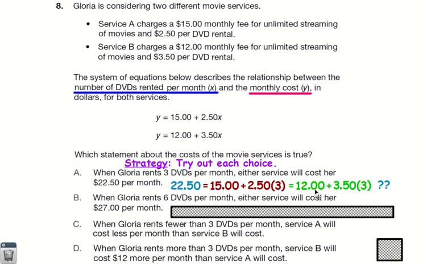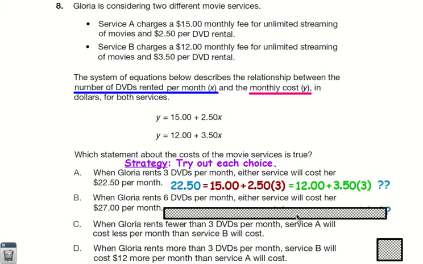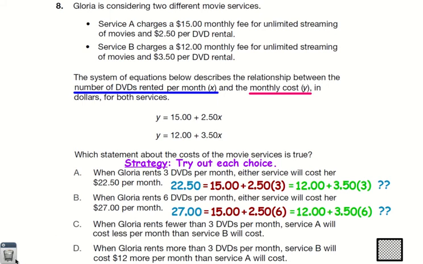And will you also get 22.5 if you do 12 plus 3.5 times 3? Maybe, maybe not. I also gave the work here for B, because instead of X equaling 3, what if X equaled 6? Would that make both equations equal to 27, since Y would be 27?